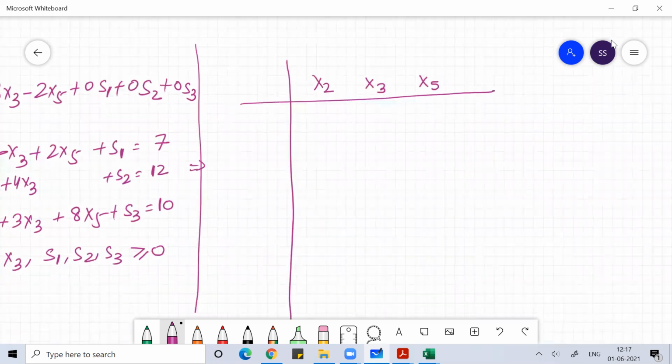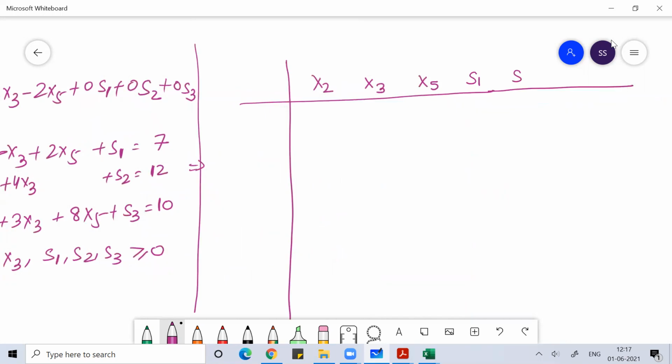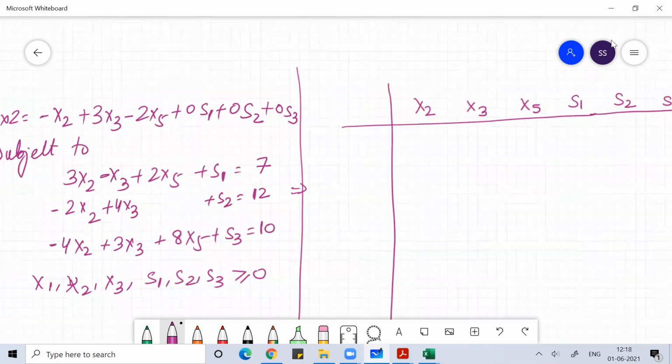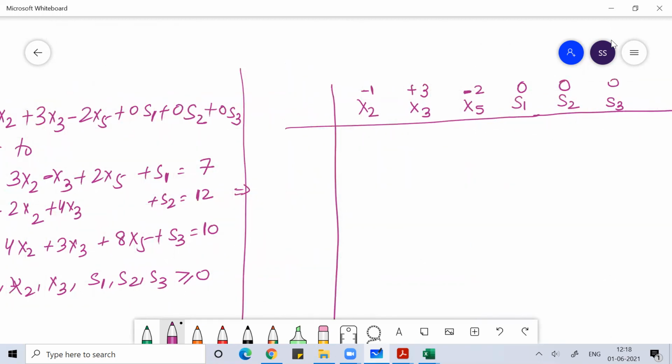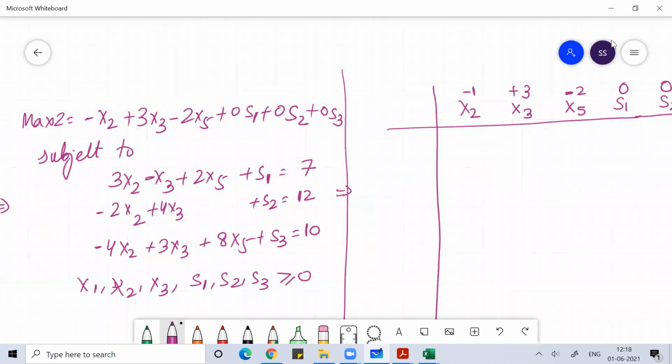Then you can write the coefficients as -1, +3, -2, then 0, 0, 0. Then this is S1 with 0 coefficient, S2 with 0 coefficient, S3 with 0 coefficient.